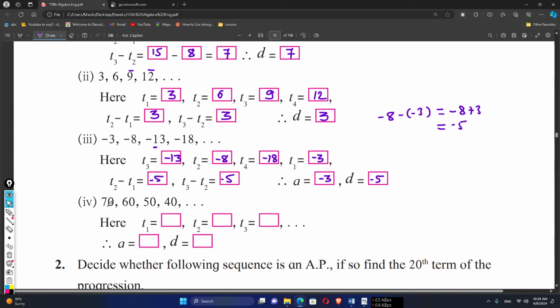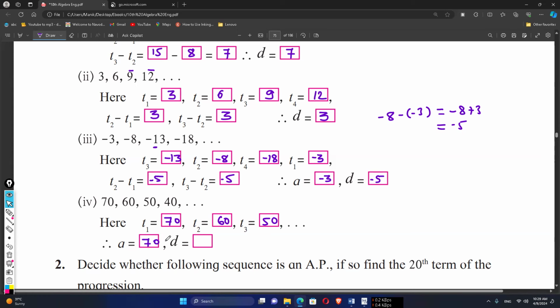The given AP is 70, 60, 50, 40. Meaning the next term is going to decrease, so the common difference is negative here. Here t1, the first term, is 70. t2, the second term, is equal to 60, and t3 is 50. Here the first term, a, equals 70.